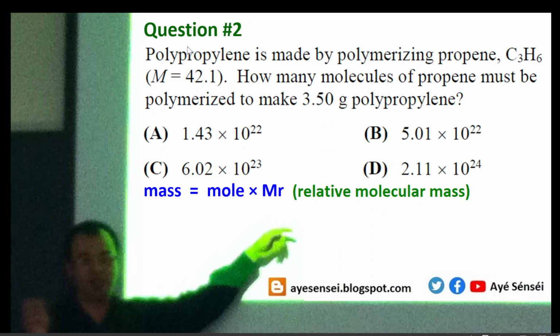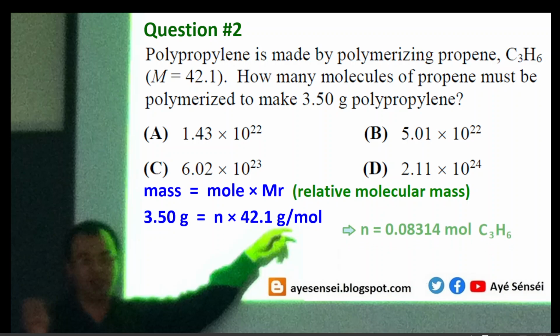In this question, the value is given there, 42.1. By substituting the values, we get 3.5 grams equals n times 42.1 grams per mole. By doing simple mathematics, we can get the n value, which is equal to 0.083 something. Well, you can use a calculator.